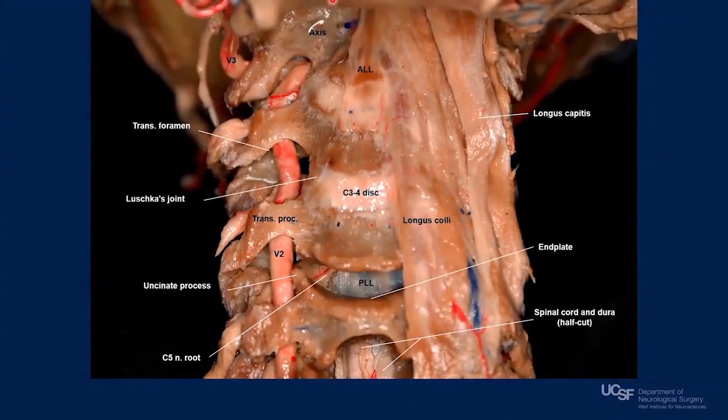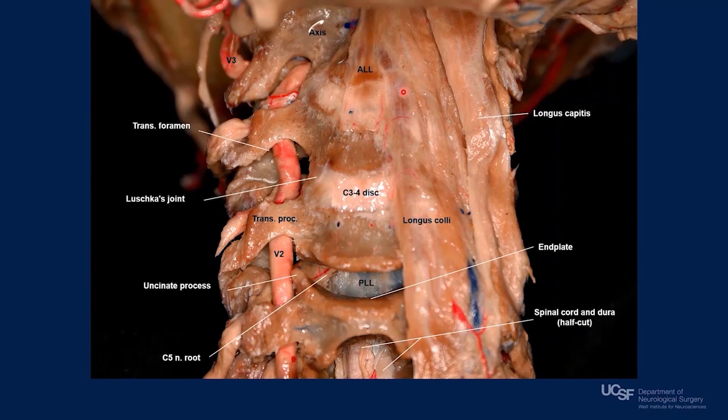An anterior view of the craniocervical junction and also part of the subaxial region. Medially, we see the anterior longitudinal ligament that is going to become more superiorly the anterior atlanto-occipital membrane, and this ligament is going to be attached to the anterior portion of the vertebral bodies.